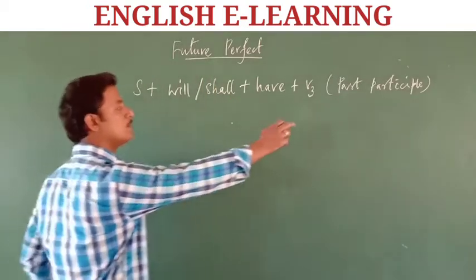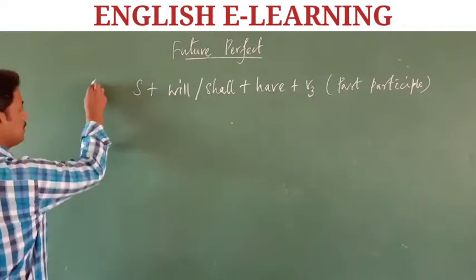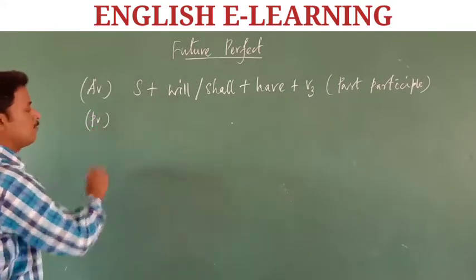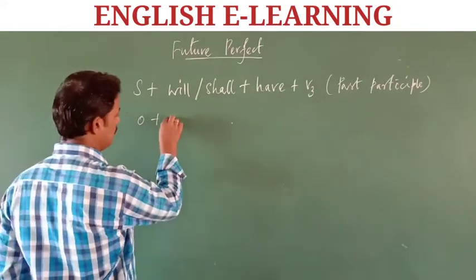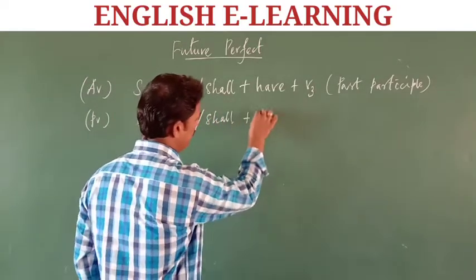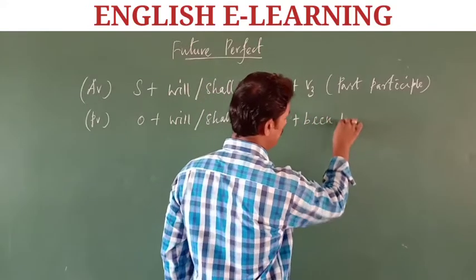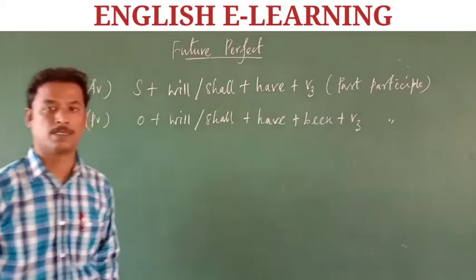Third form of the verb should be used. Future perfect. It is in active voice. And what is the passive form for this future perfect? Object plus will or shall plus have plus been plus verb 3, that is past participle.